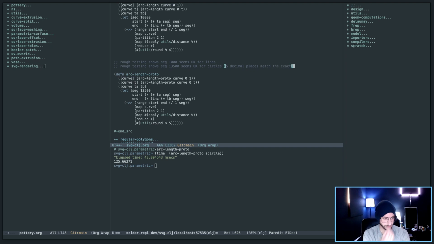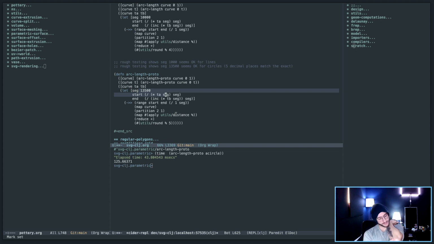Okay. So now let's see what we can do. If we're given this segment count, the assumption I'm using in my head is we're using a circle calculation. We know the exact way to get the arc length of a circle. Okay, so that's easy. Easy enough, I should say.